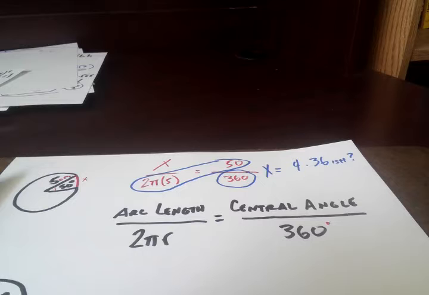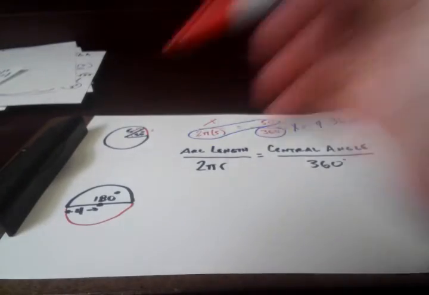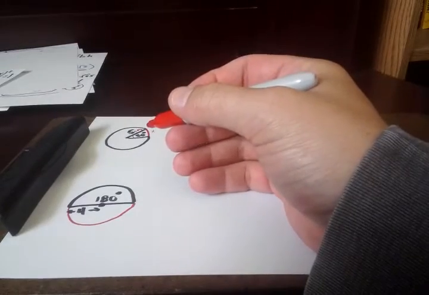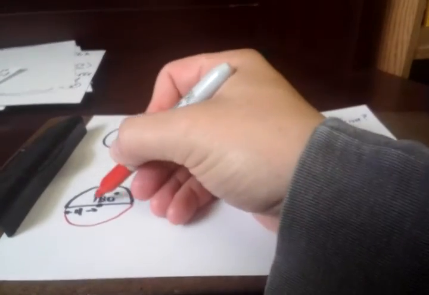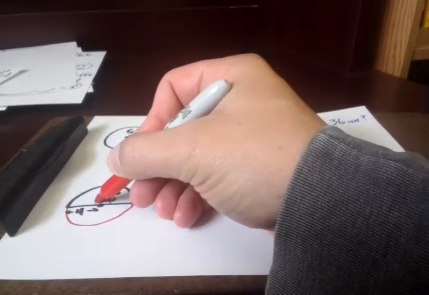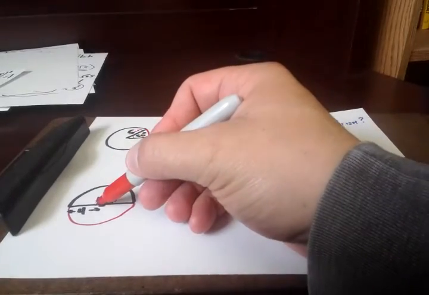Okay, let's look at the bottom here. Let's look at number 6 at the very bottom of 603. This is a little different because this arc is humongous. Look how big this red arc is, right? So let's be careful here, okay? Do you see how this angle from here to here, this is 180 degrees, which means it is a line, right?